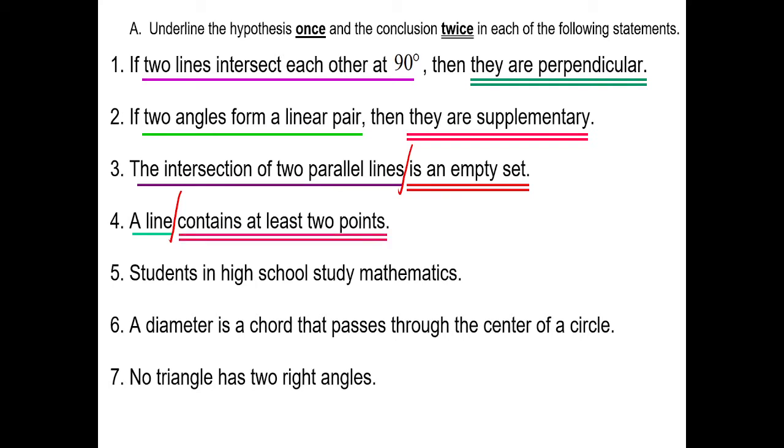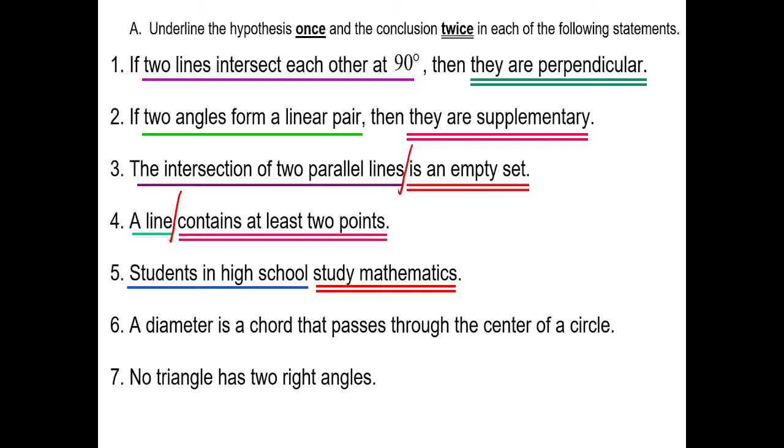Okay, let's have number 5. Any volunteer for number 5? Go, go. Elvin. Very good. The student in high school, mauna atong hypothesis. What about the conclusion, Elvin? Study mathematics is the conclusion. Let's have number 6. Anybody? Go.